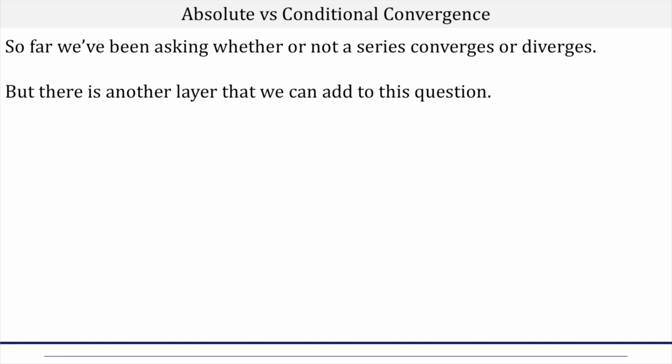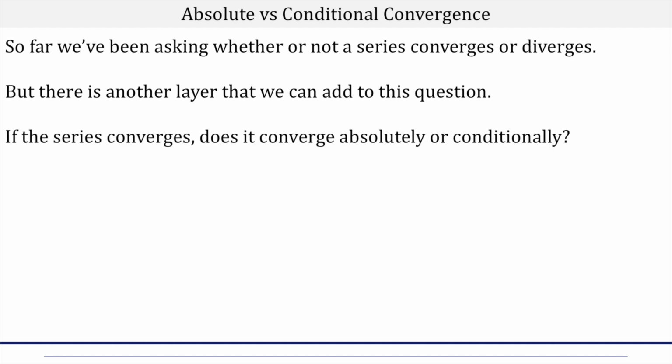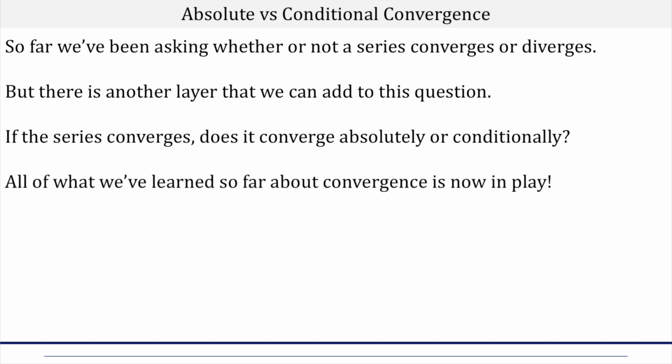But there's actually another layer that we can add to this question. If the series converges, does it converge absolutely or conditionally? All of what we've learned so far about convergence is now in play. So tee up all of those convergence and divergence tests in your head.